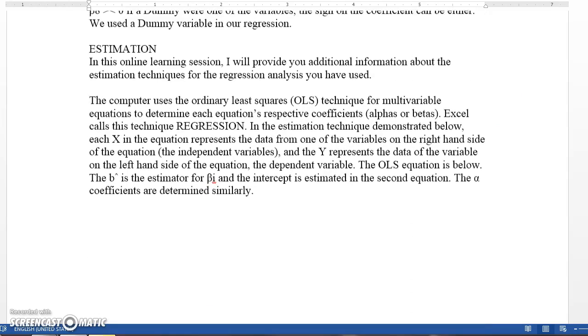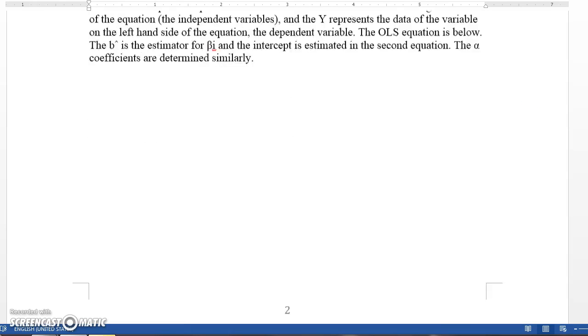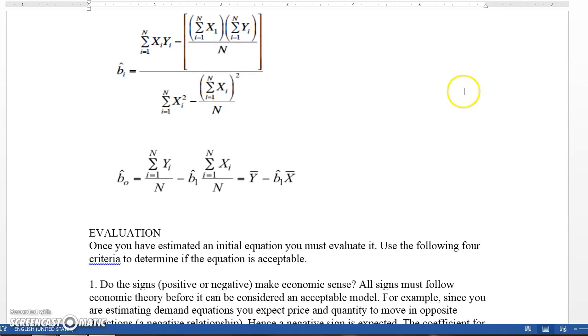I also provide you a little bit of background information for the OLS technique. It's called the ordinary least squares technique that Excel has used to calculate your coefficients. Those are the equations Excel uses to calculate your coefficients.